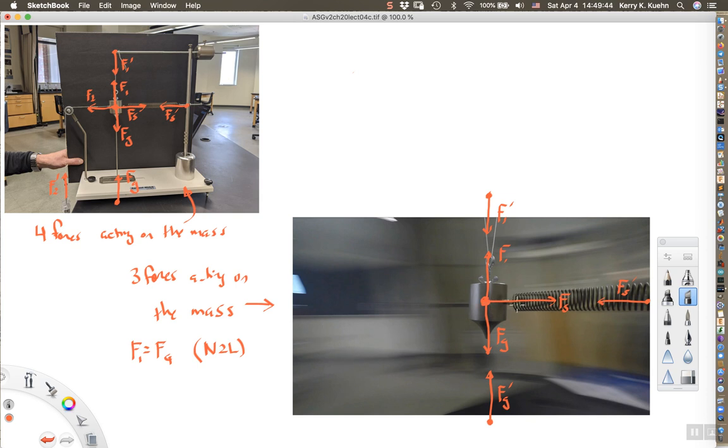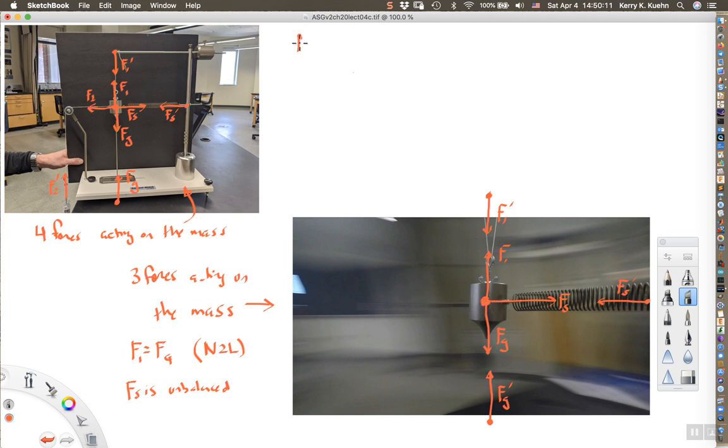Well, we have F sub s pulling this way. There's no other force pulling out. So F sub s is an unbalanced force, in the sense that this mass right here, there's not another force pulling it to balance that. And because F sub s is unbalanced, that means that this mass right here has to be accelerating in the direction of that force.